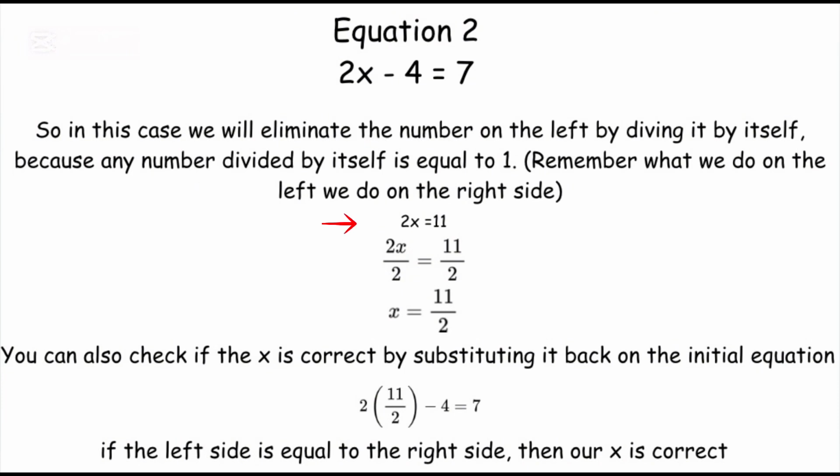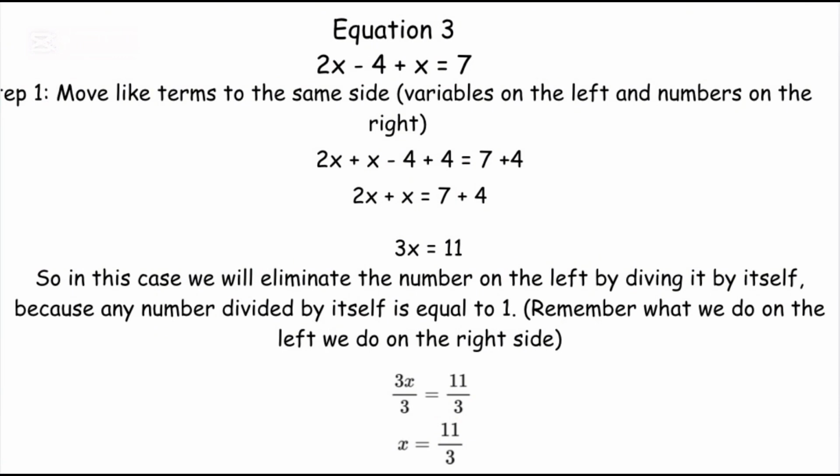So 2x equals 11 will then become 2x divided by 2 equals 11 divided by 2. And then our x will be 11 divided by 2. Then to check if the answer is correct, you know what to do. That is to substitute the 11 over 2 that we got as our x into the initial equation.